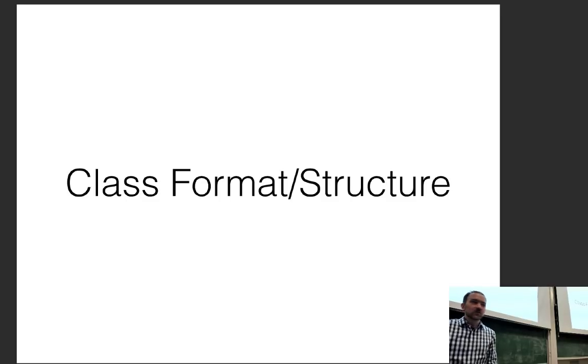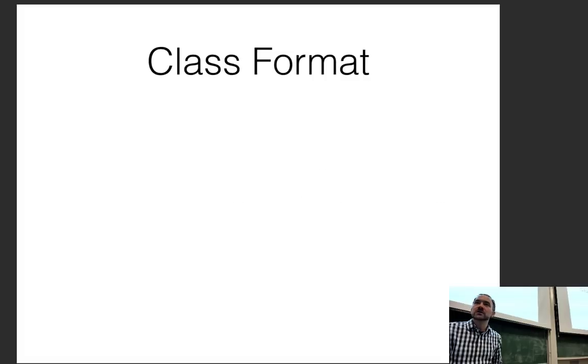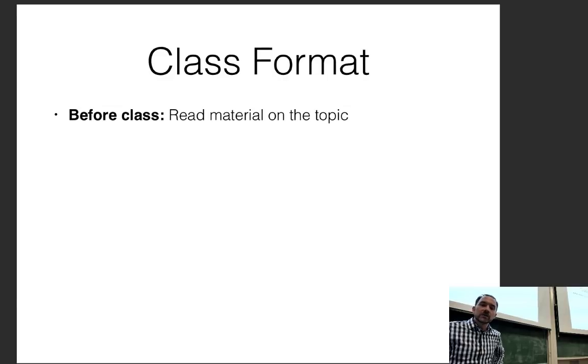Okay. So I'll go into the class format and structure very briefly. This is important to understand so you know what you're getting into. The class format: before the class, for each class I have reading material. I try to make the reading material anywhere between 6 to 10 pages.